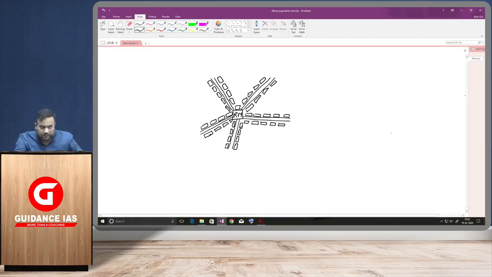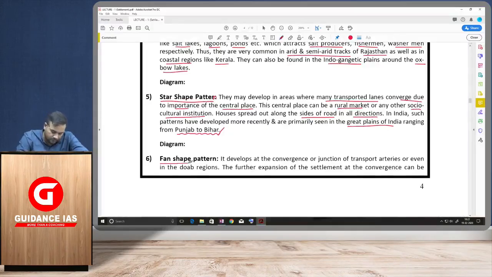Then there is another one which is fan or triangular pattern. So fan shape pattern, it is also referred to as triangular pattern. So here it would develop at convergence or junction of transportation arteries or even in the rivers where they are converging in the Doab regions.